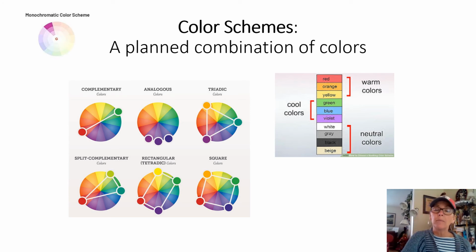You have split complementaries, which are complementary except instead of going directly opposite, and we'll talk about this, you go side to side. You have triadic, which are spaced equally around. So there's lots of different combinations of colors.